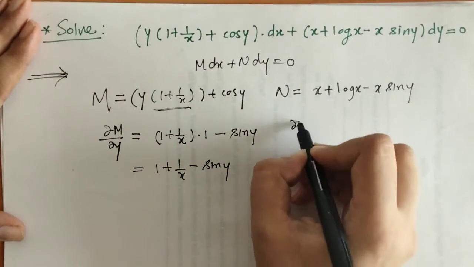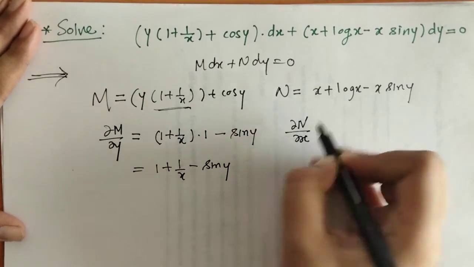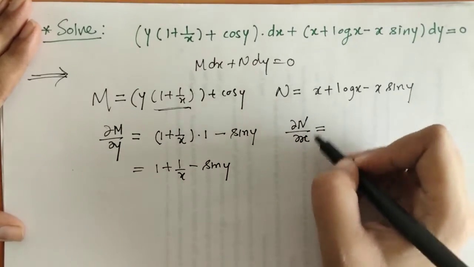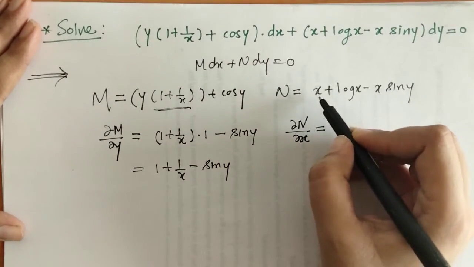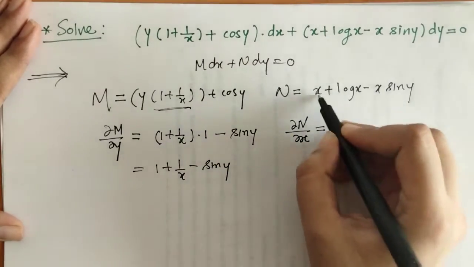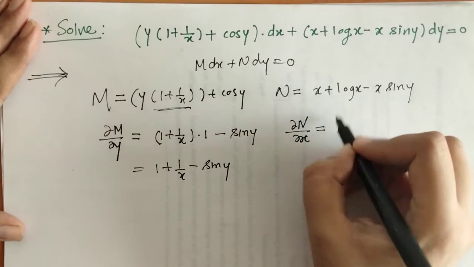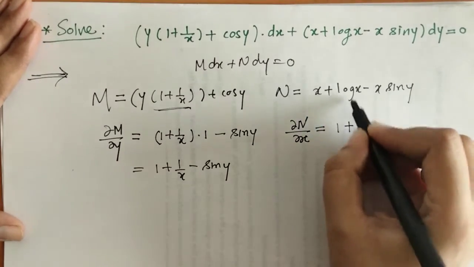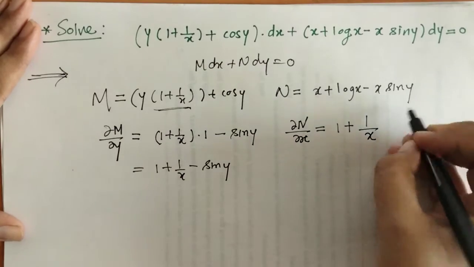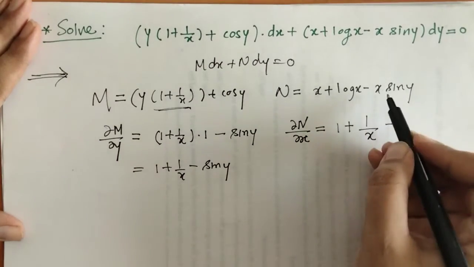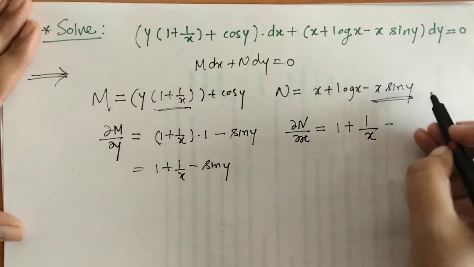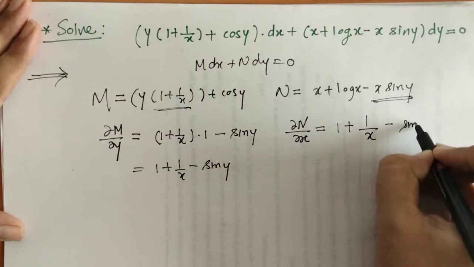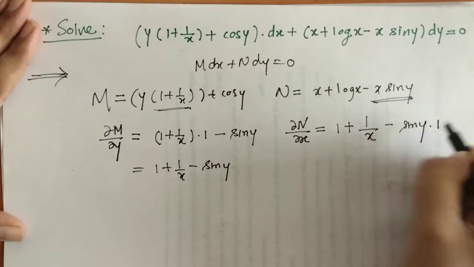Now we want N differentiation with respect to x. So what is here with respect to x differentiation? X differentiation is 1, plus log x differentiation is 1 upon x, and sin y is a constant, and x differentiation is 1.